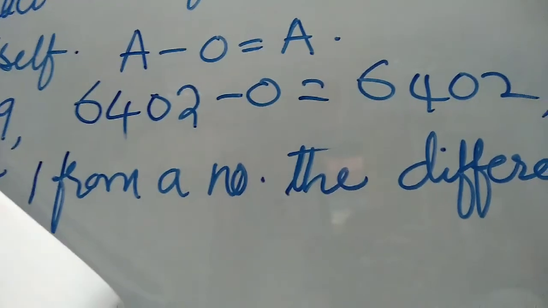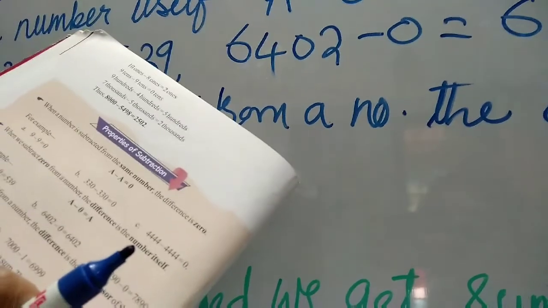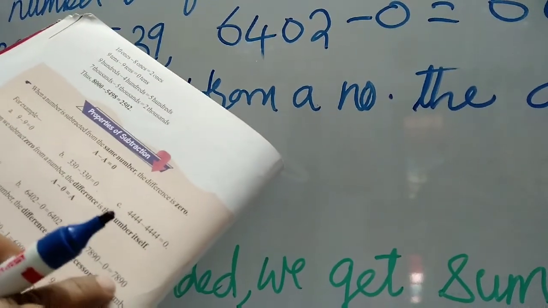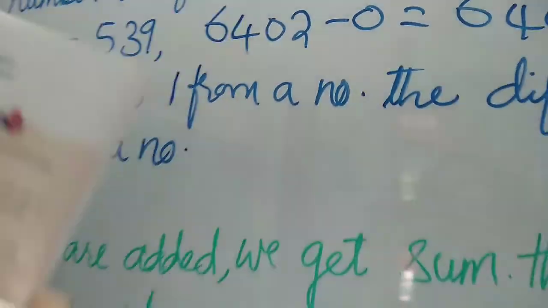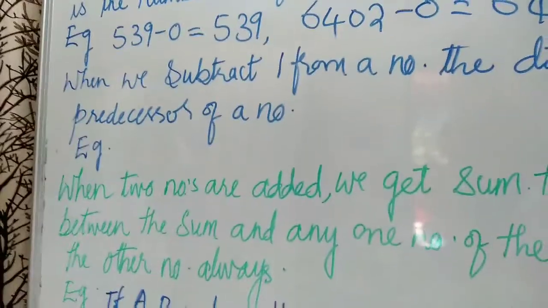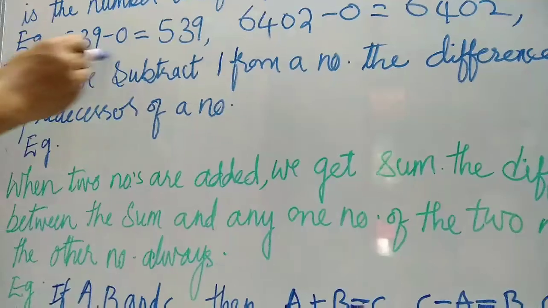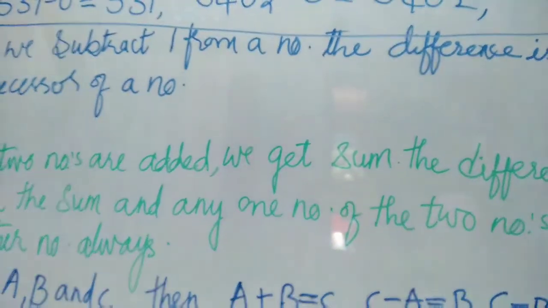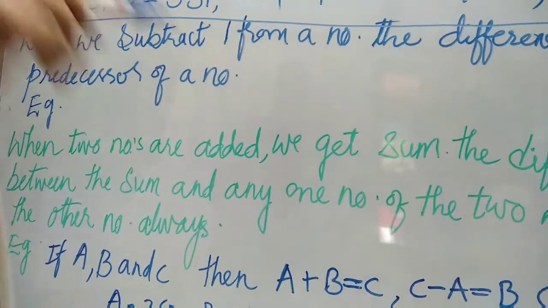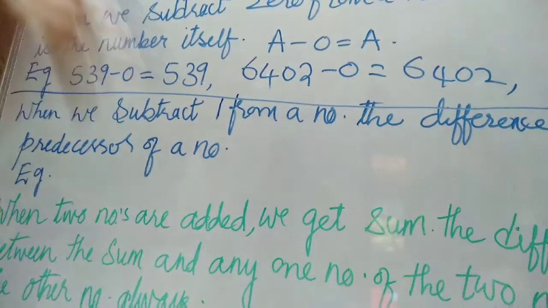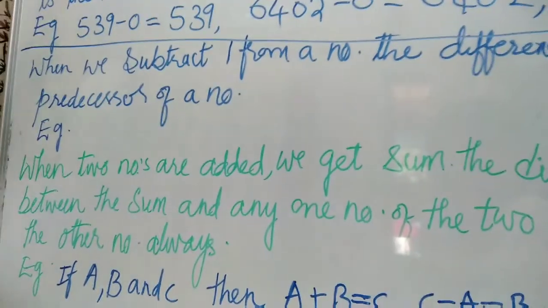One more, 7,890 minus 0 is equal to the same number, 7,890. So this is known as the property of 0. When we subtract 0 from a number, the difference is the number itself. This is the second property.